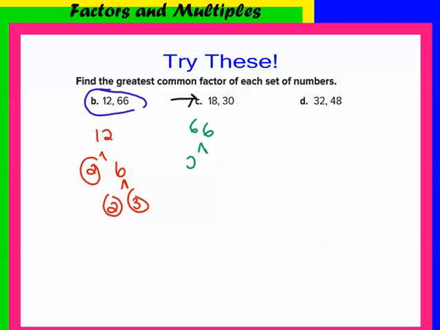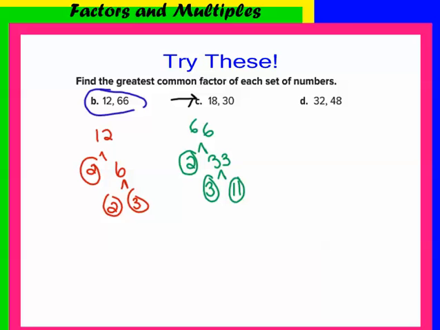So 66 is even, so it's divisible by 2. 2 times 33 gives us 66, and 33 is composite, so we have to break it down. 33 is divisible by 3, and 3 times 11 is 33. Well, 11 is prime, so we can circle that. See, that was much easier than we thought it was going to be.